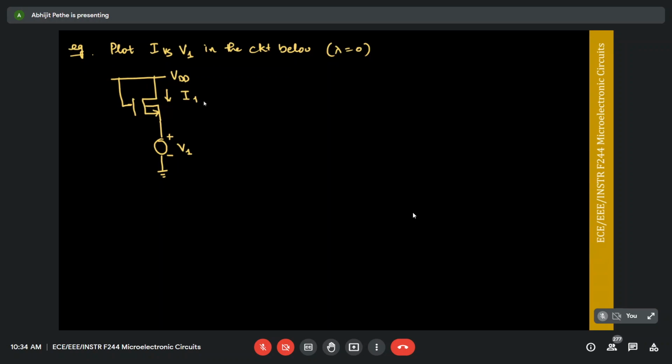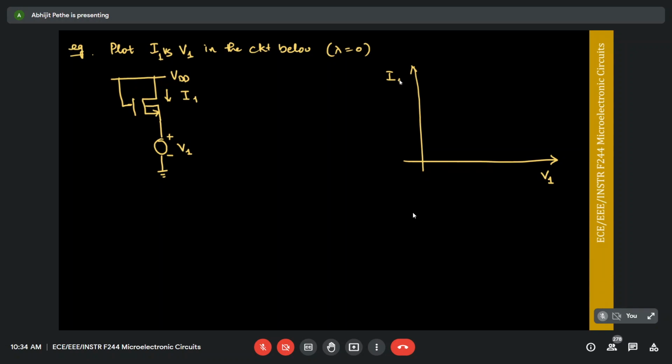I want you to plot I1 versus V1 for this circuit. Basically you want to plot this graph. It's a very simple circuit. How would the relationship between I and V1 look?